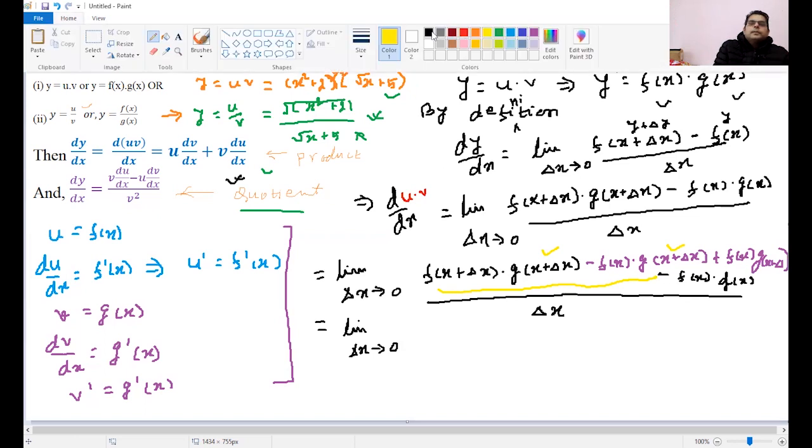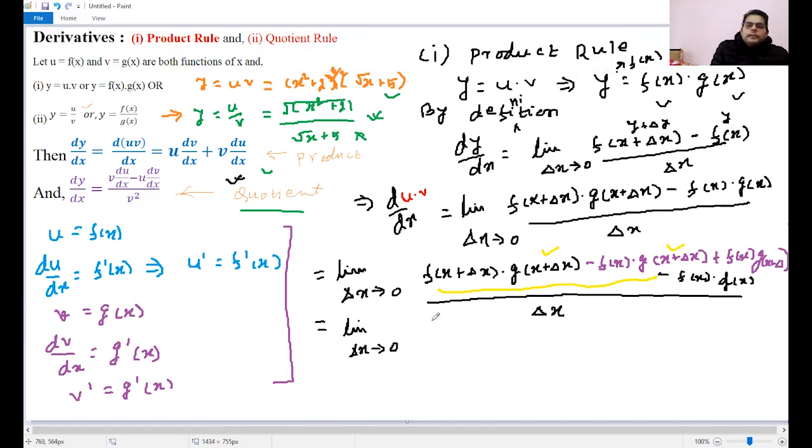So you take g(x plus delta x) as common. Then inside the bracket, you are left with f(x plus delta x) and here minus f(x). Then this is the delta x term, so we'll divide by it later. And then we have another term also common somewhere, so say this is plus. Between this and this, what can we get common?